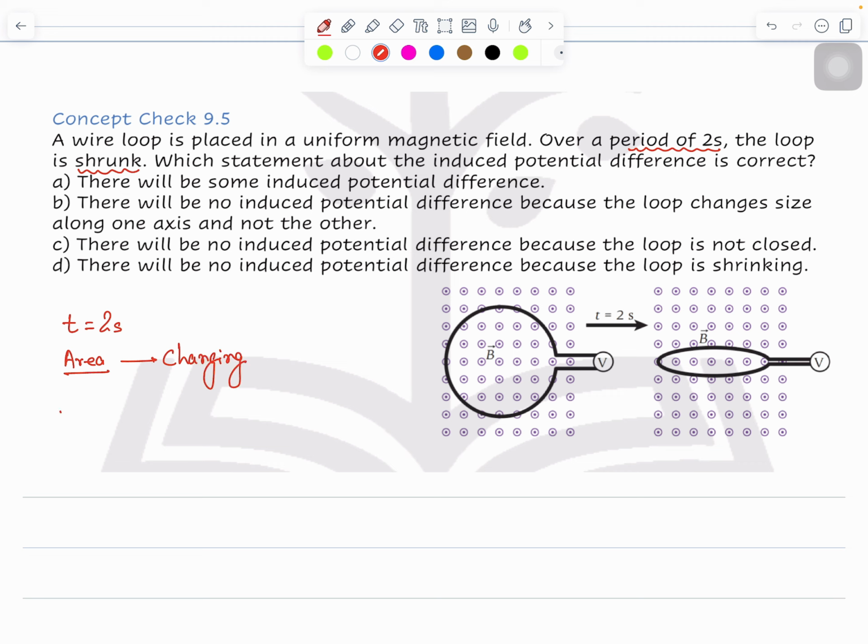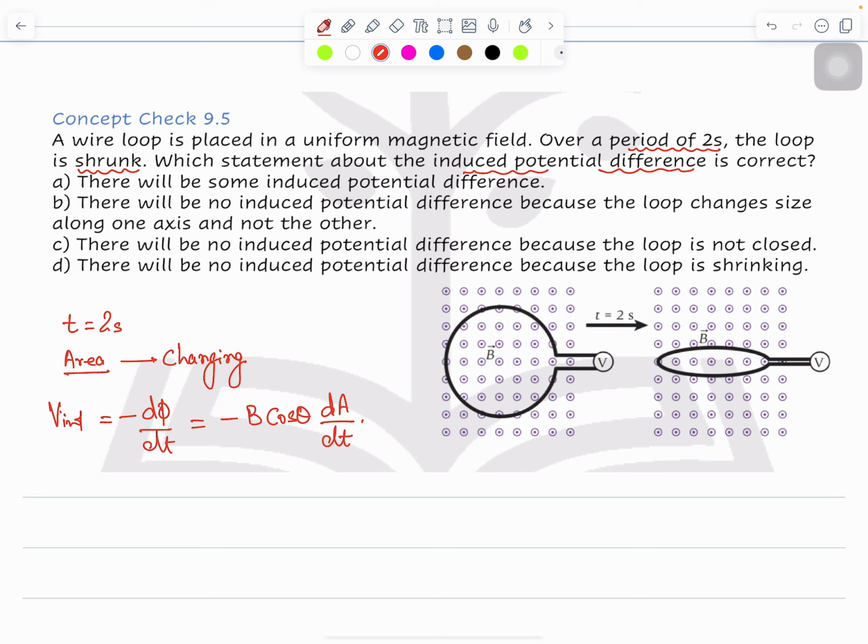It means V induced is equal to negative d phi over dt, which is equal to negative B cos theta dA by dt, because it is shrinking. Which statement about the induced potential difference is correct?